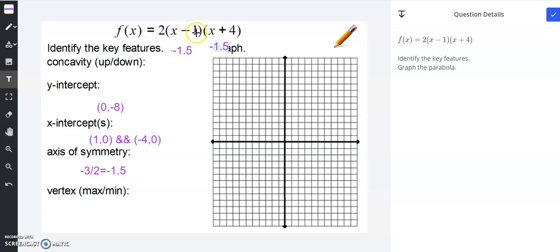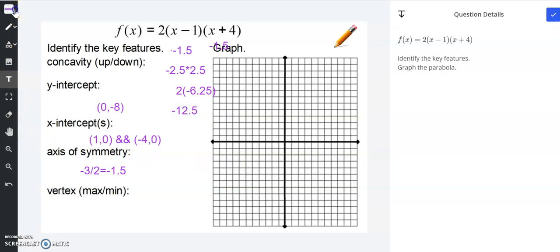So -1.5 minus 1 is -2.5. And -1.5 plus 4 is +2.5. So -2.5 times +2.5, I know is -6.25, which you can put in the calculator if you don't know that. And all this times 2 would equal -12.5.